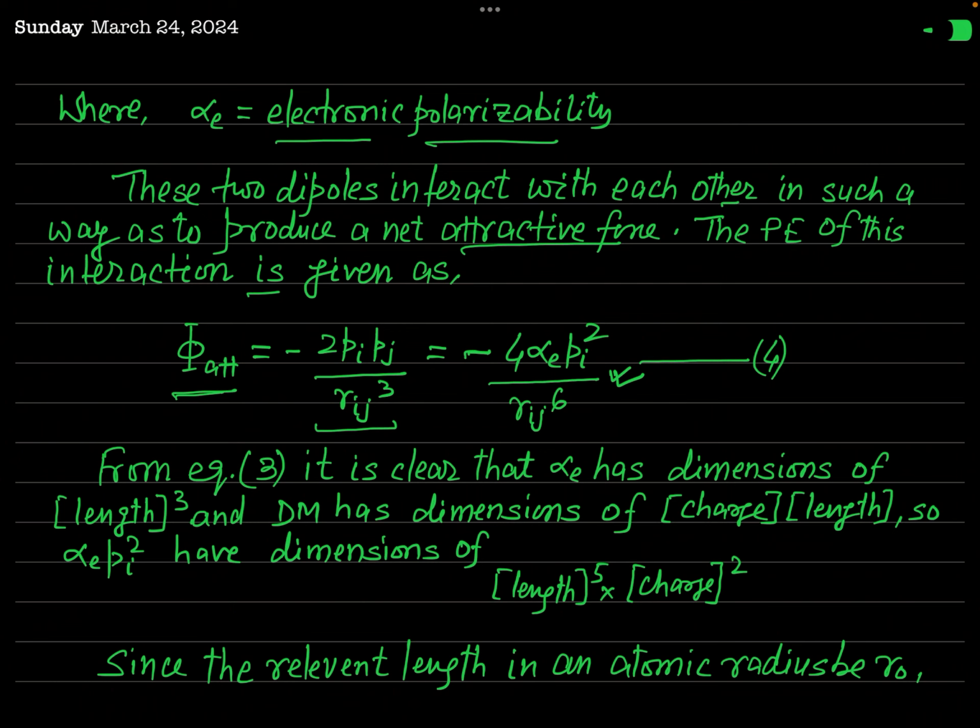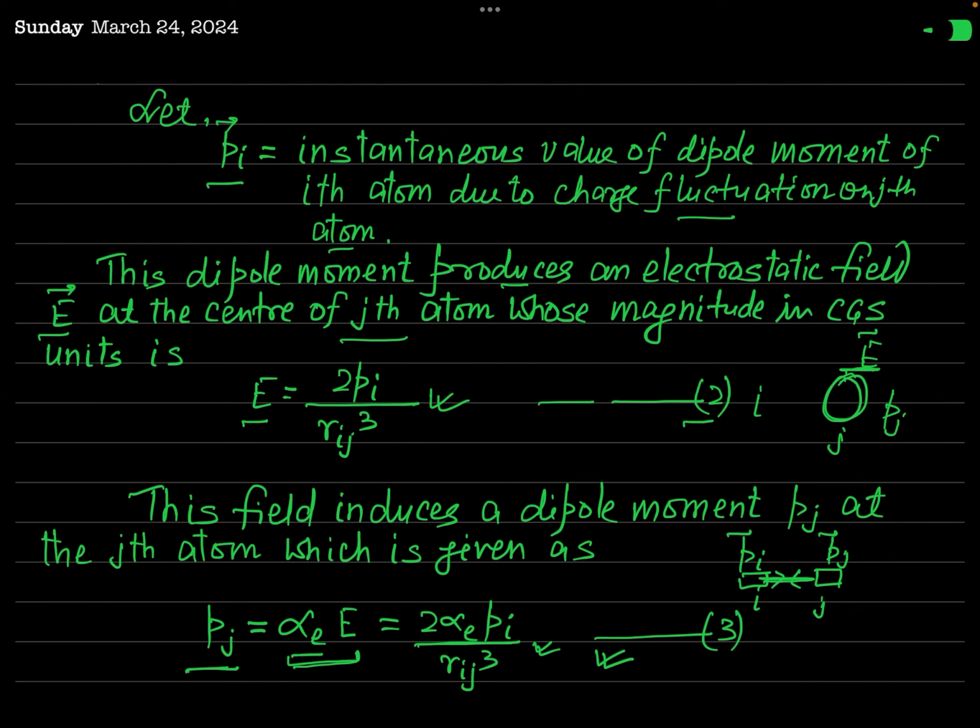Here the ith and jth atoms just act like dipoles. Now let us see here, equation number 3. If I ask what will be the dimension of this alpha E, you can see the dimension of pj and the dimension of pi will both be the same because both are dipole moments.